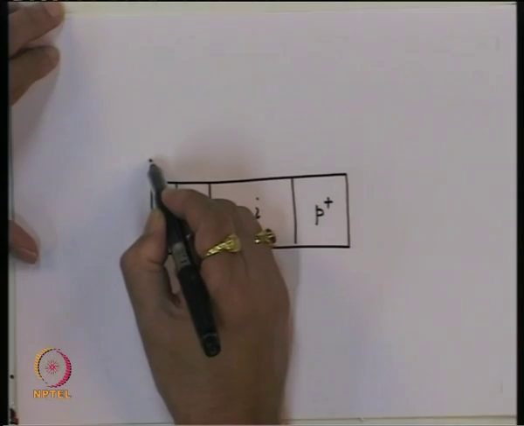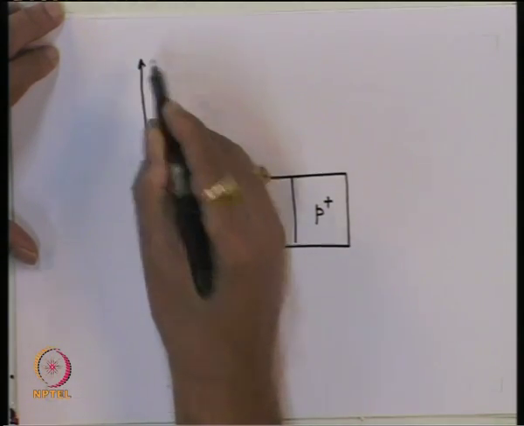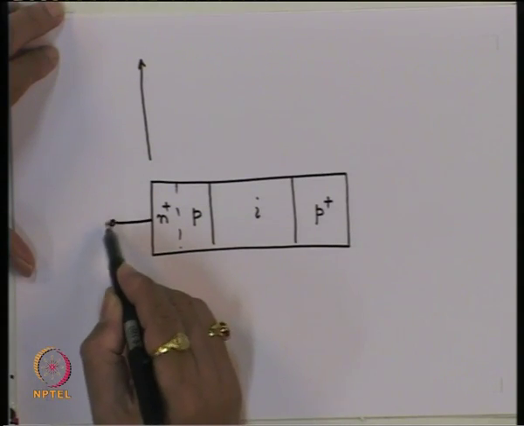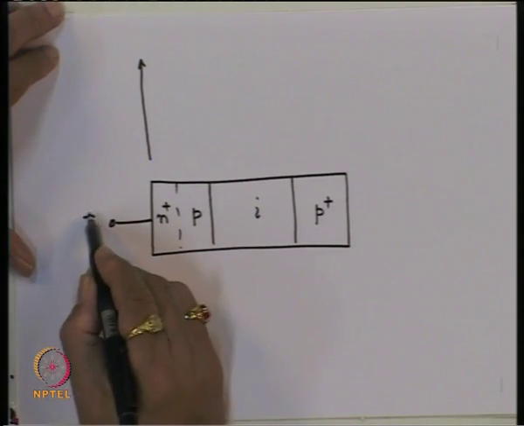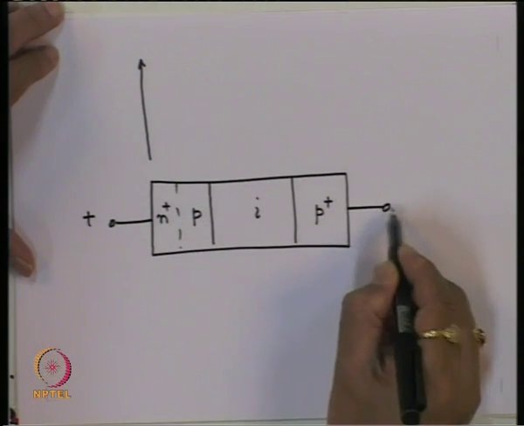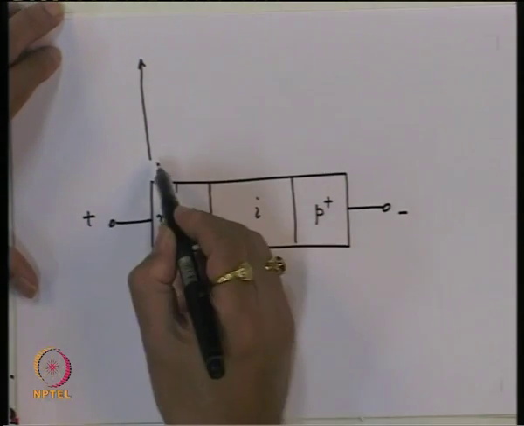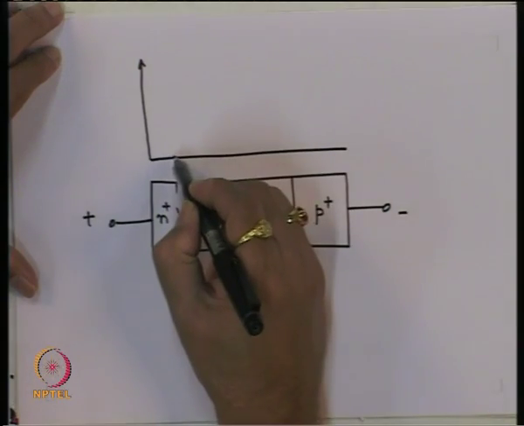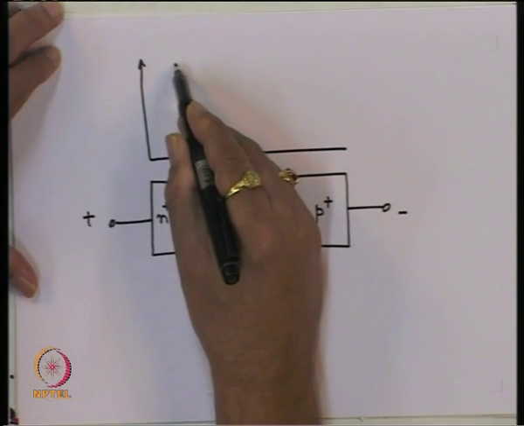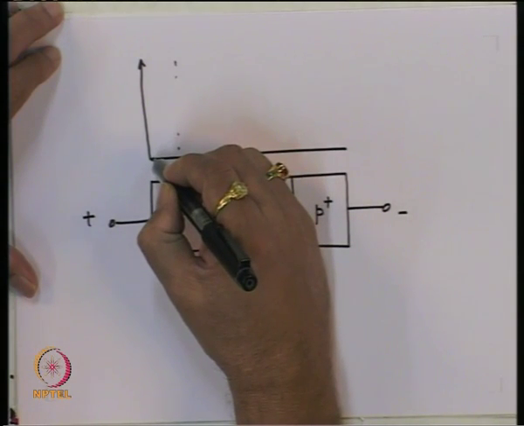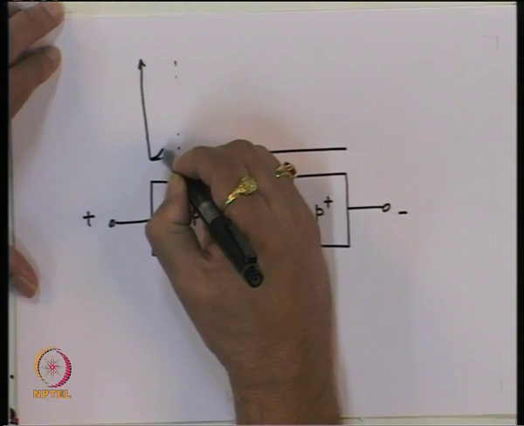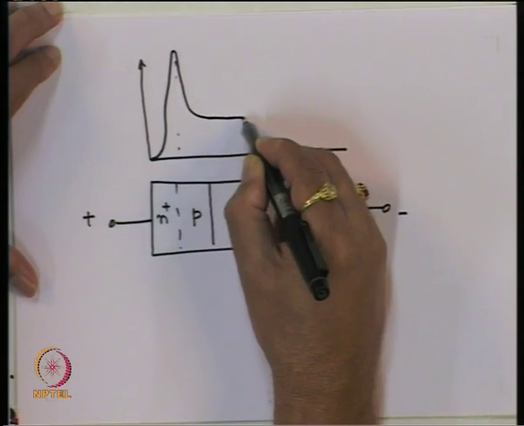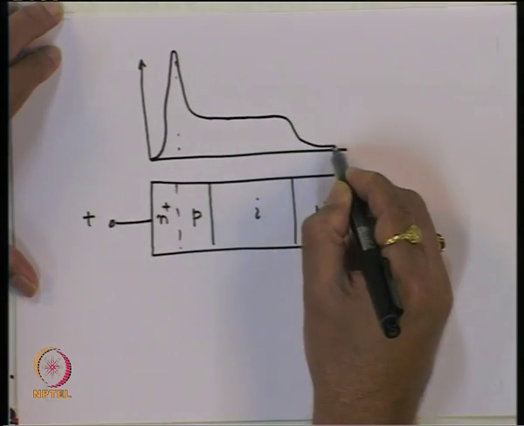And if you draw the electric field variation inside this, the potential applied to this is reverse bias. So, this is positive, this is negative. The electric field variation inside this would be here, you will get a large field, something like this.